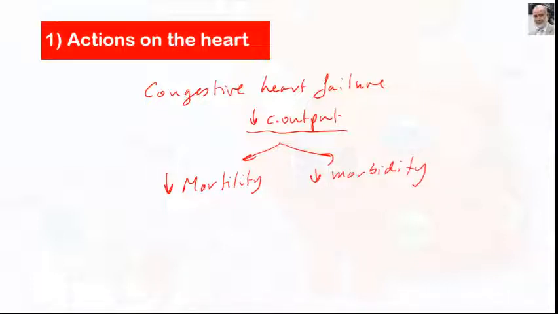This effect we will discuss in detail, inshallah, when we talk about drugs which are used in treatment of congestive heart failure. Another action of beta blockers is their action on the kidney. The kidney releases the hormone renin.